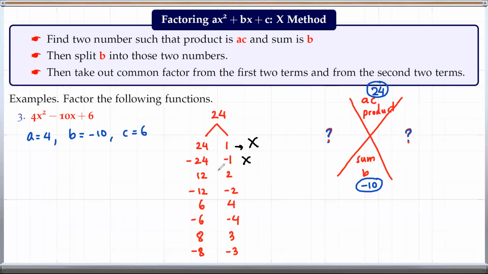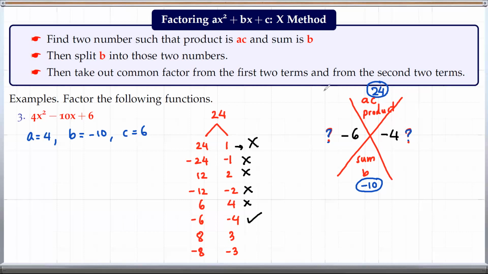So that is also not good. 12 plus 2 is 14. This is also not good. -12 minus 2 is -14. Not good. 6 plus 4 is 10. So that also doesn't work because we need -10. -6 minus 4 is -10. So this one will work. So that means we can put -6 here and -4 over here.